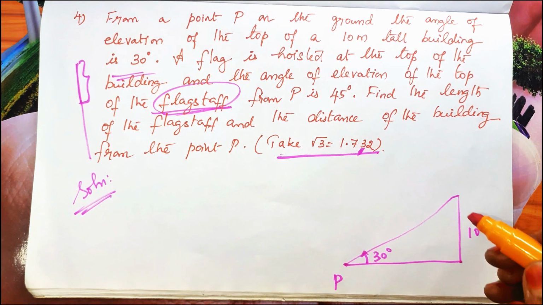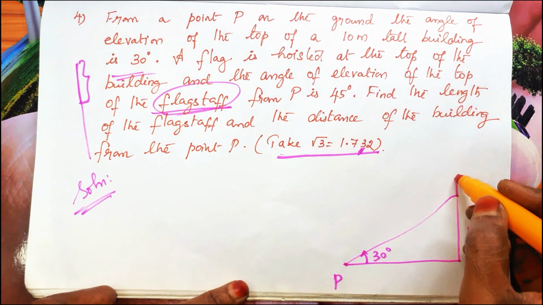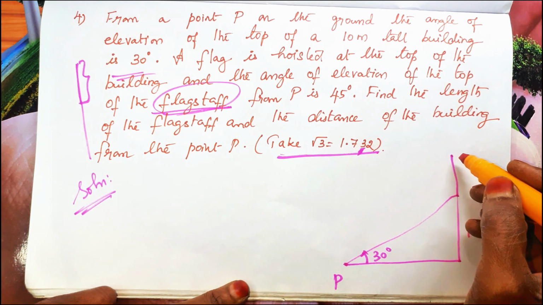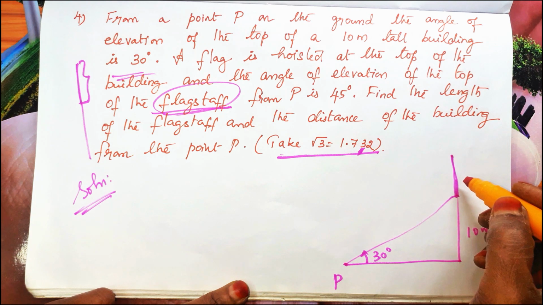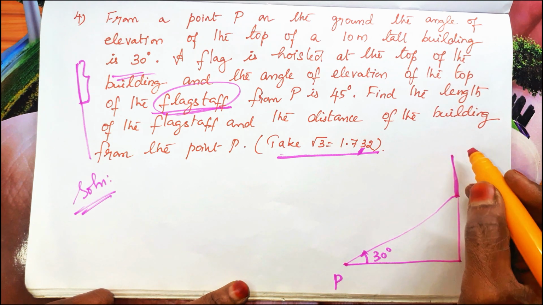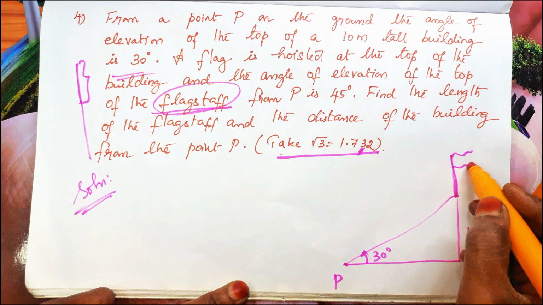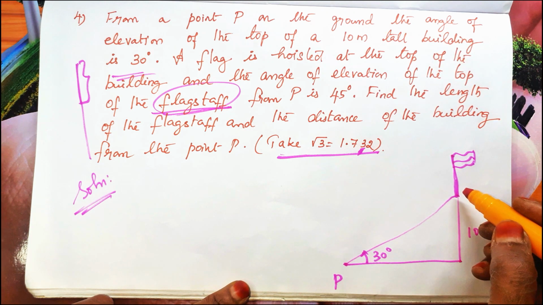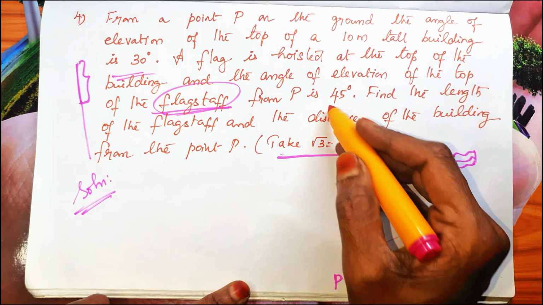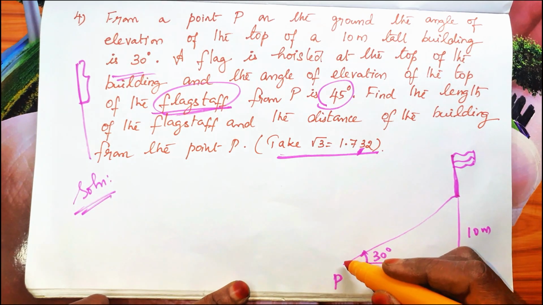At the top of the building, we are going to hoist the flag, and this is the flag's top. This is the top where we are going to hoist the flag. For this, they have given the angle of elevation as 45 degrees.